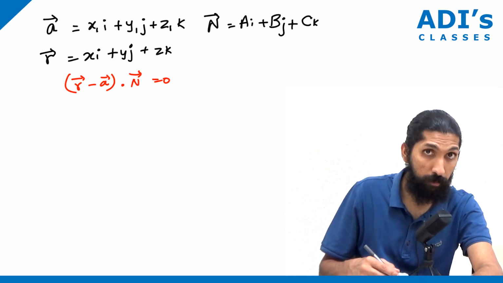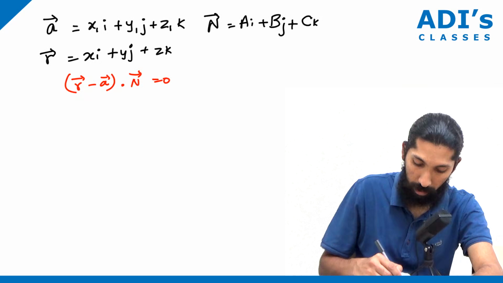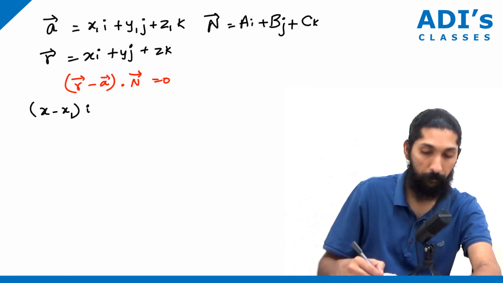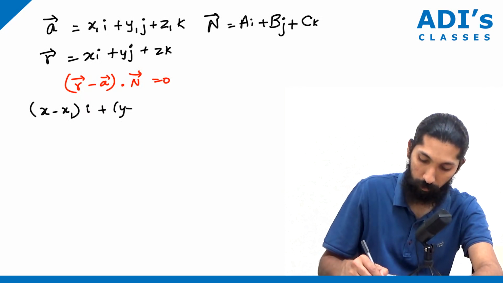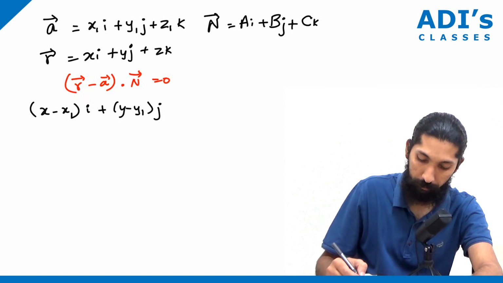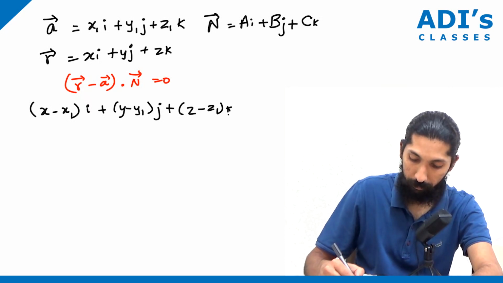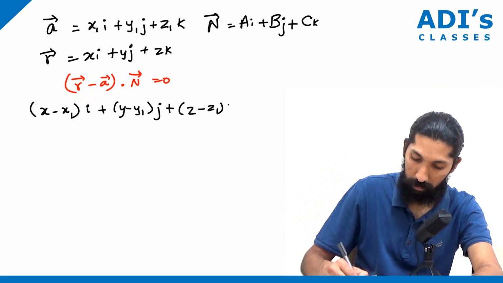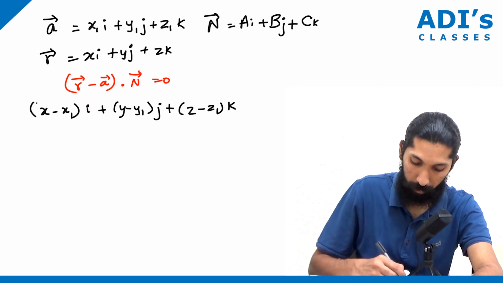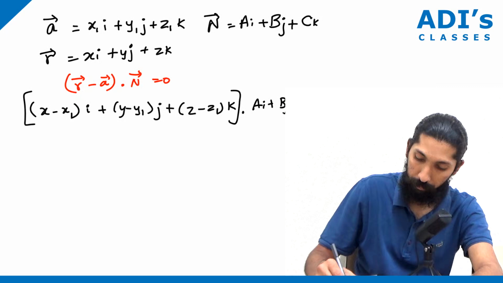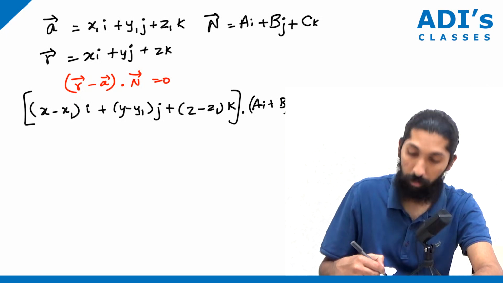So R minus A gives (x minus x1) into i cap plus (y minus y1) into j cap plus (z minus z1) into k cap, dot Ai plus Bj plus Ck, is equal to 0.